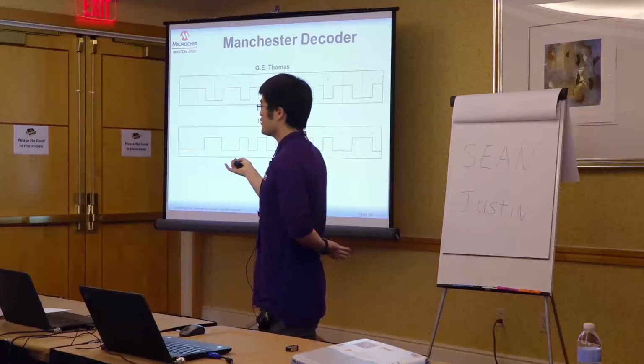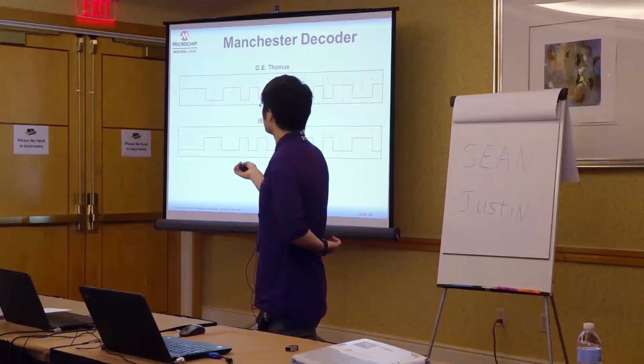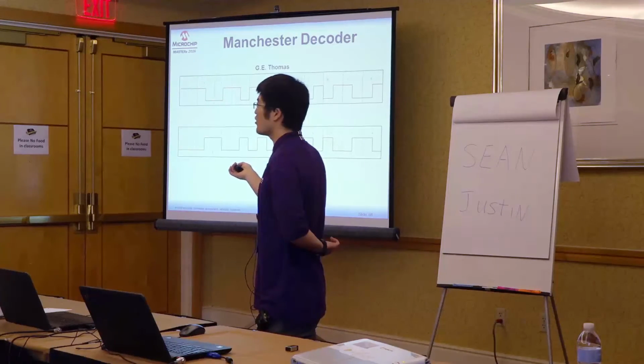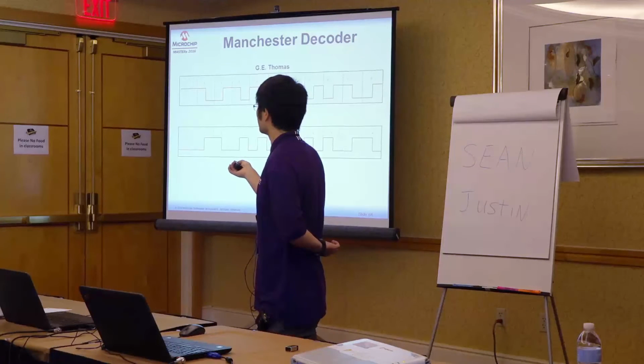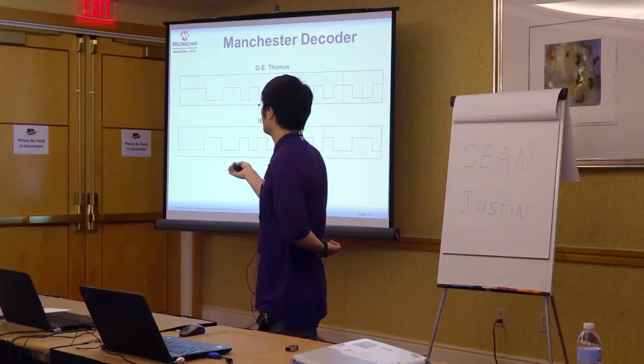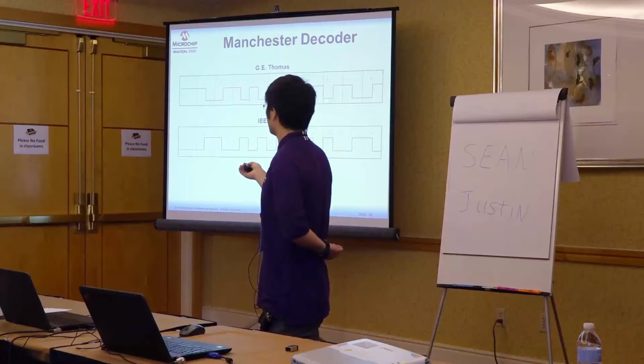If I sample my data here, 3/4 of the time after I see the first rising edge or falling edge, then I know this one already happened and this one has not happened yet. Then if I sample a low, I know this is a 0. However, if I sample a high, this is a 1.